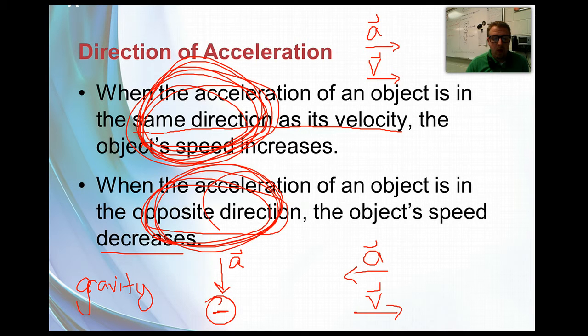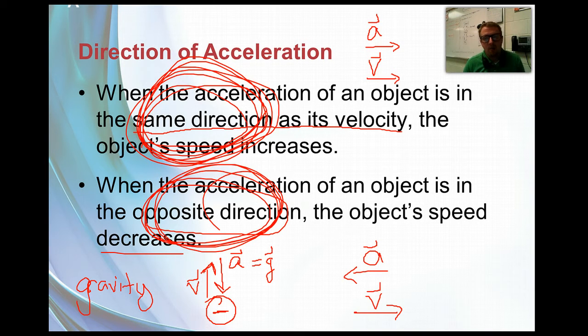Now, if you throw an object upwards, so let's say it has an upwards velocity, you can see that the acceleration due to gravity is downward, velocity is upward. So in theory, based on what we just talked about, any object moving away from the Earth will slow down.